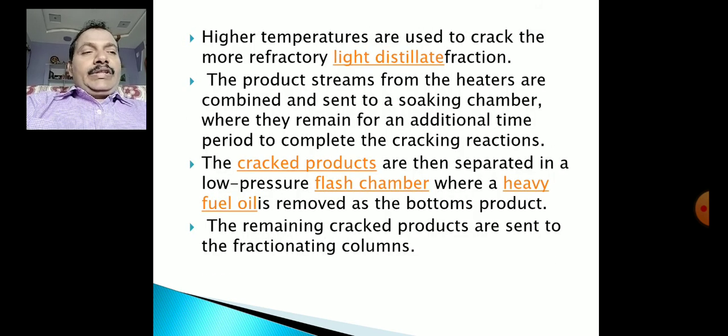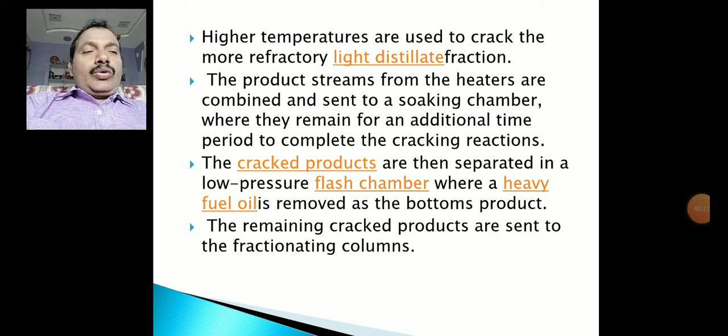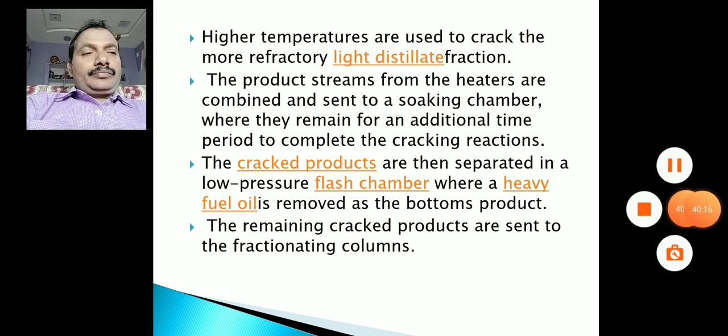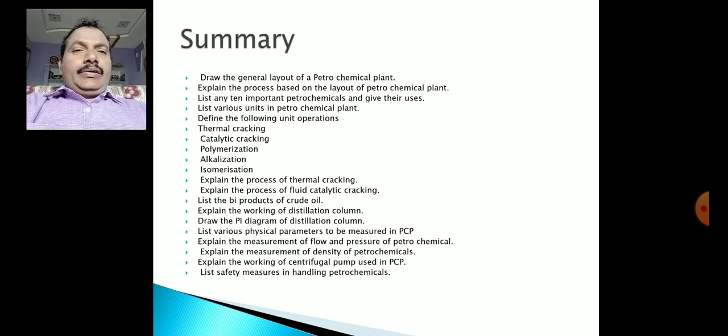So with this, we can conclude our lesson. In this class, we have discussed the general layout of a petrochemical plant, in which we have seen the refining section, petroleum section, and next the petrochemical plant.